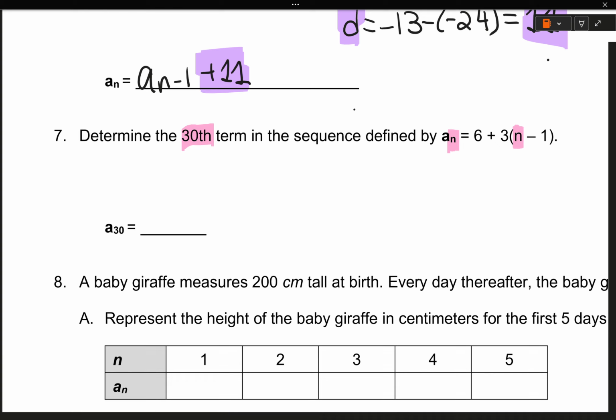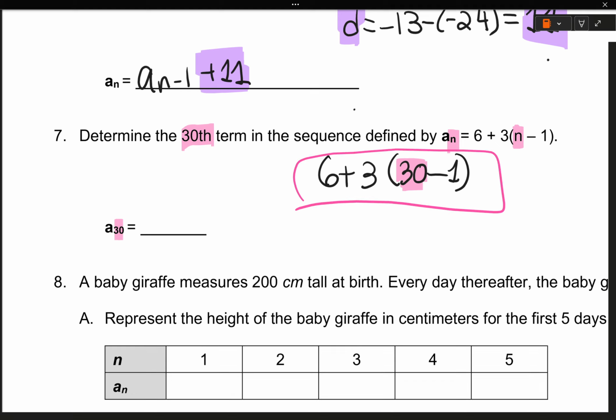So in order to find a30, I'm going to plug this into my calculator: 6 plus 3 times 30 minus 1. This whole thing, as is, goes into your calculator. And you should get 93.